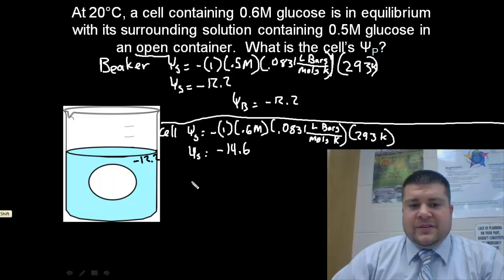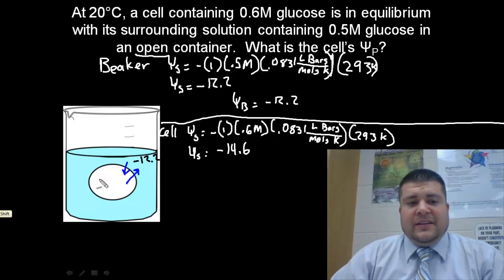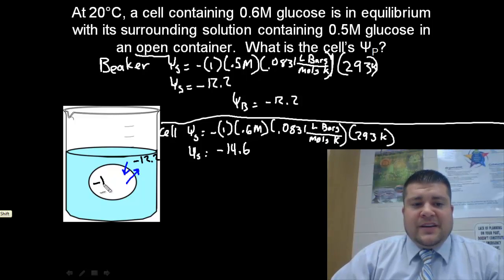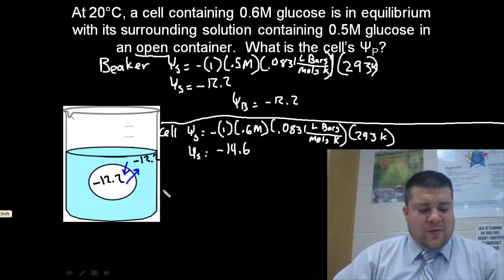And our psi of the cell, we still don't know. But if the psi of the beaker and the psi of the cell are at equilibrium, remember water's moving in and out at the same time, the psi of the cell has got to be equal to that. So we got to know that it's negative 12.2.